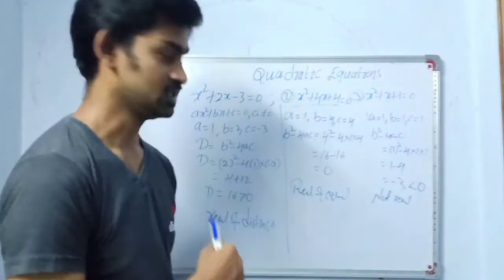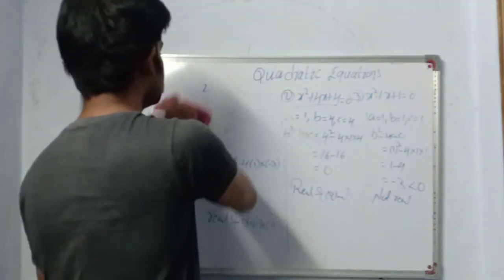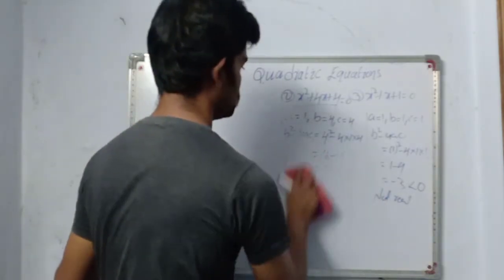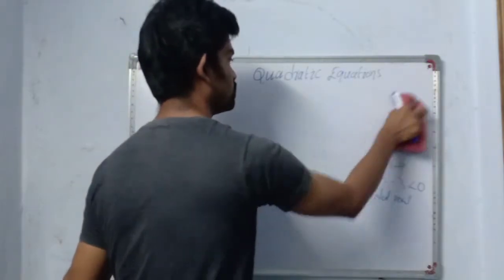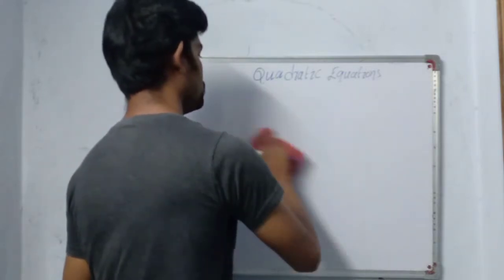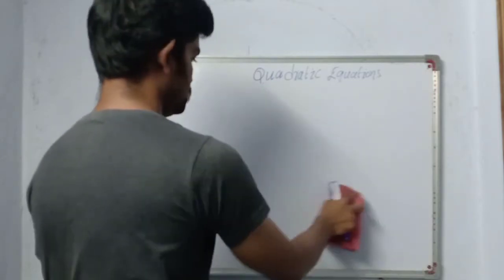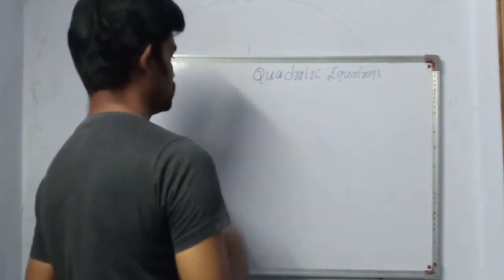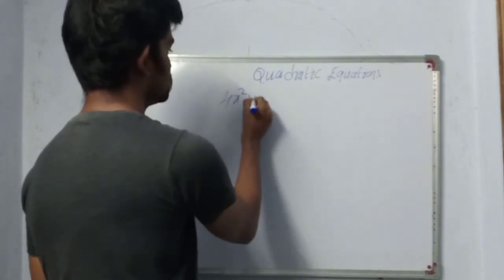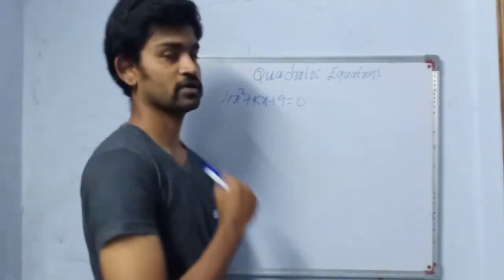Okay. Now we will see an application of b square minus 4ac. So this is a quadratic equation given.